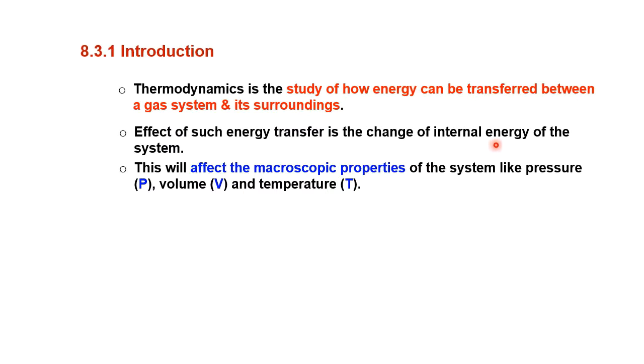If the internal energy decreases, the kinetic energy of the particles in the gas also decreases. Next, this will affect the macroscopic properties of the system like pressure, volume, and temperature.